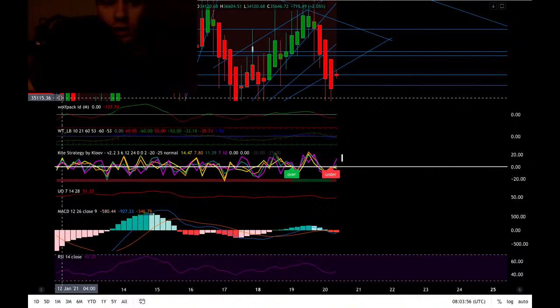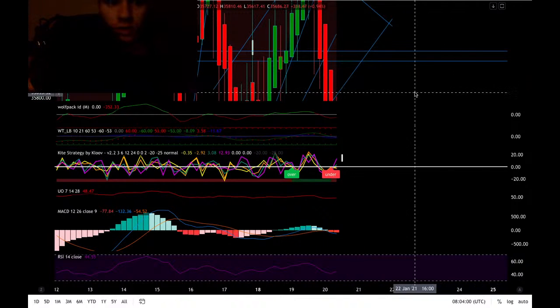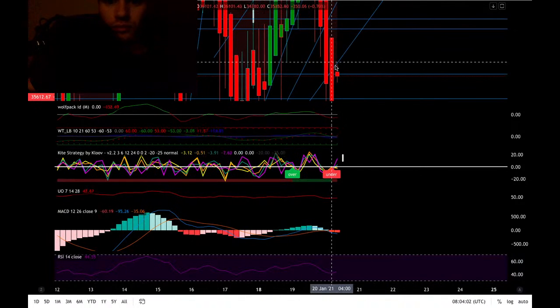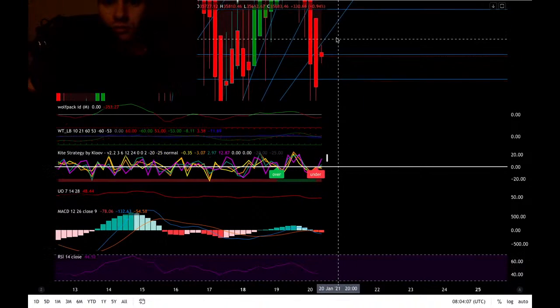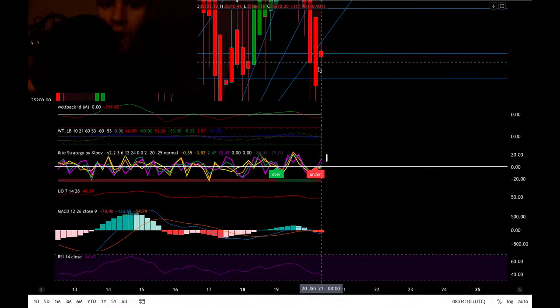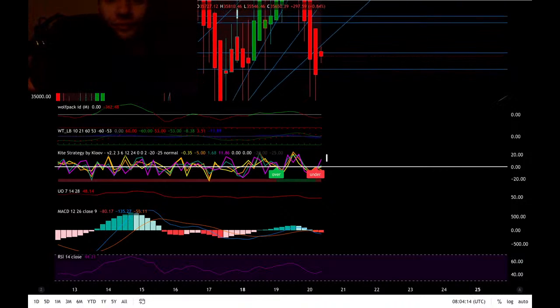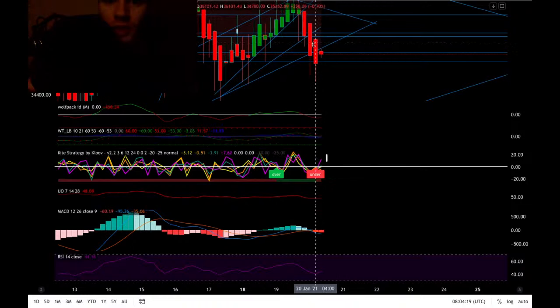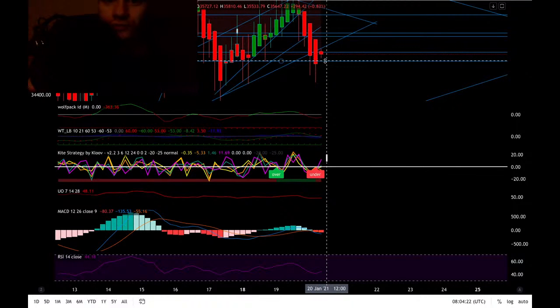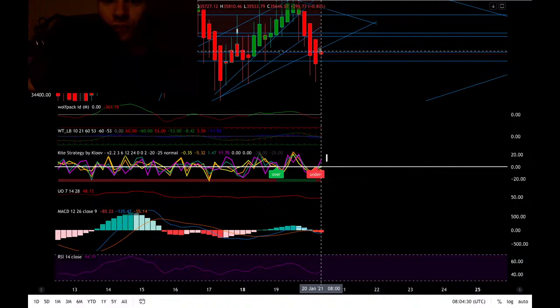Undersold on the Kate strategy. So yeah, we definitely broke that neckline. But to me, this just looks like we're, yeah, we'll see.